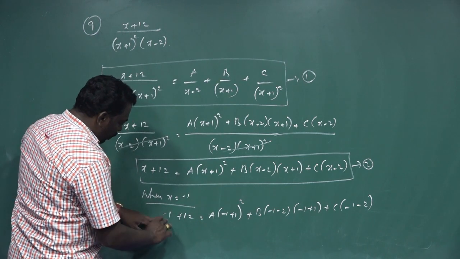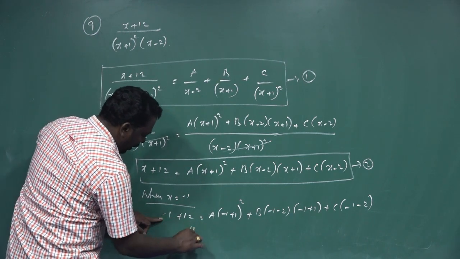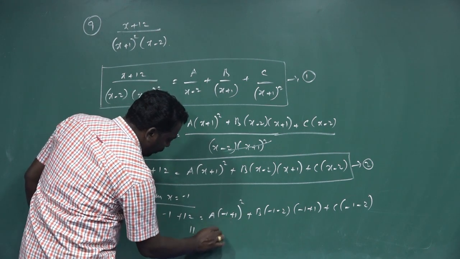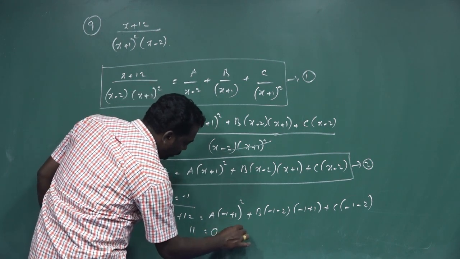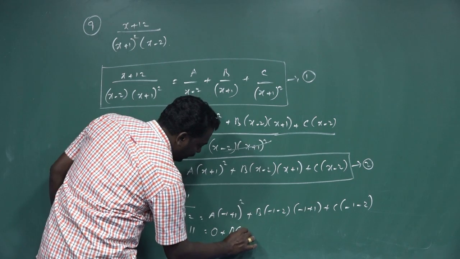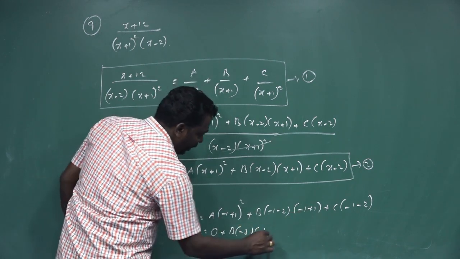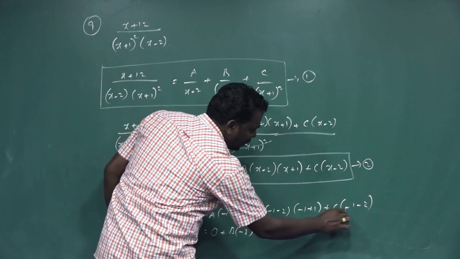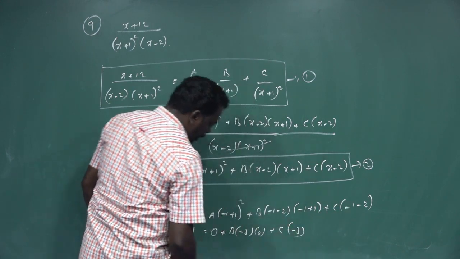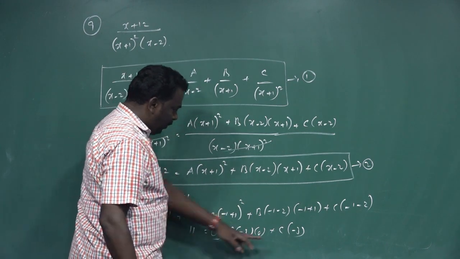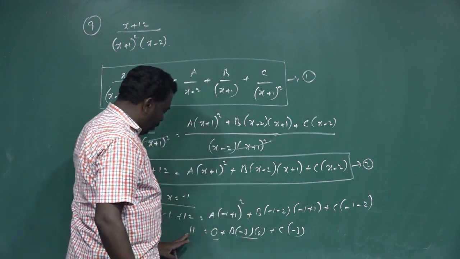Now that is equal to minus 1 plus 12, which is 11, that is equal to, minus 1 plus 1 is 0, therefore the first term is cancelled, plus b into minus 1 minus 2, minus 3. Then minus 1 plus 1 is 0, this term also cancels. Therefore plus c into minus 1 minus 2, minus 3. Therefore the second term also cancels, then the first term also cancels. Therefore minus 3c equal to 11.